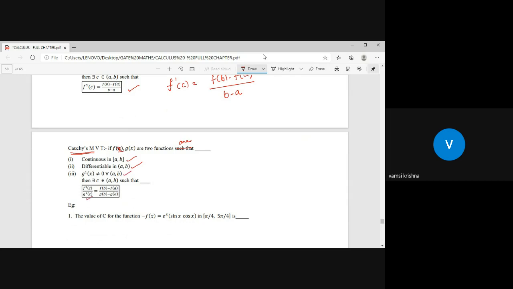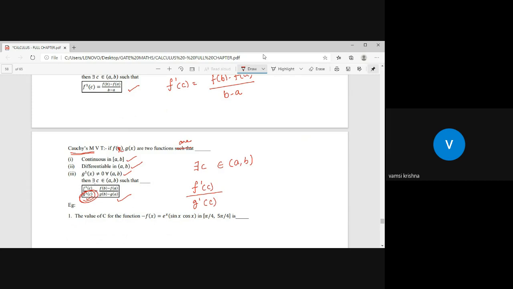So if g dash of x is not equal to 0, then there exists some point c in the interval a comma b such that f dash of c by g dash of c. They are giving g dash of c because of this reason. Because of this reason, they said it is not equal to 0.